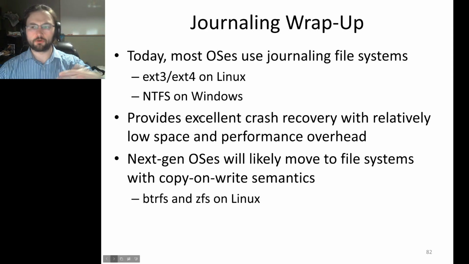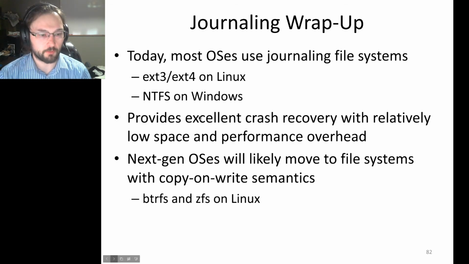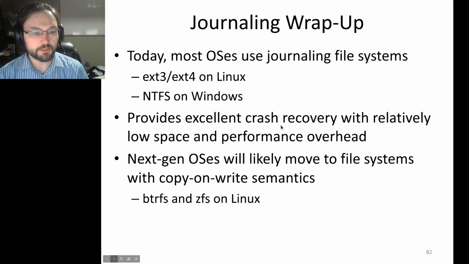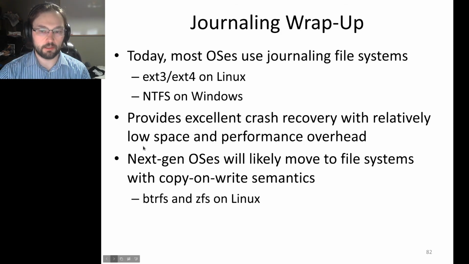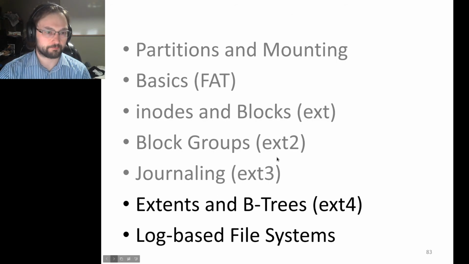There's a whole other generation of file systems that's newer that we'll talk about in a bit, like Btrfs and ZFS. But this plan of journaling file systems works pretty well. We have good crash recovery, and the complexity, space, and performance overhead are not that bad.